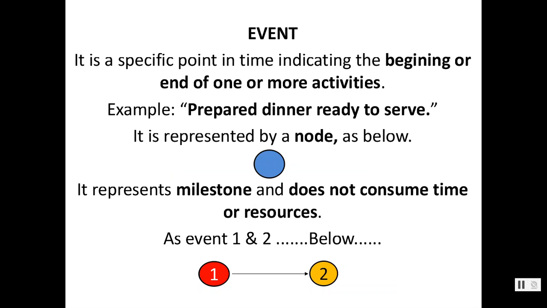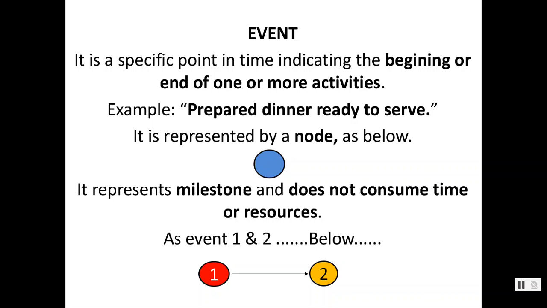Event. An event is a specific point in time indicating the beginning or end of one or more activities. It is a stagnant part of any diagram. Example, the prepared dinner ready to serve. Under activities, it was preparing. Now it is prepared.